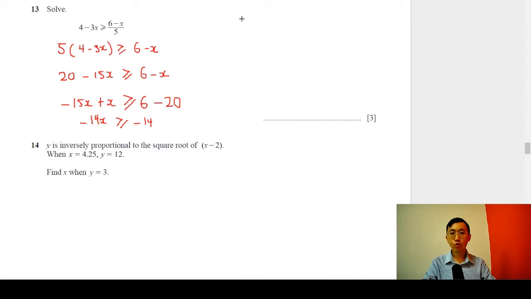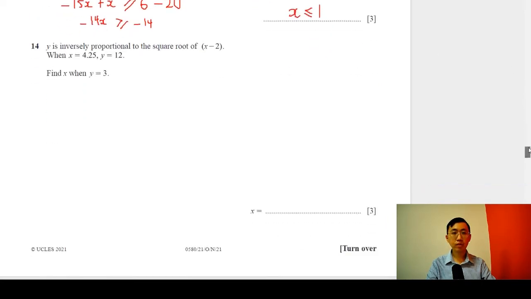So we are going to write like this, x, reverse the direction, and then negative 14 divided by negative 14. So x is less or equal to positive 1. So that is the thing that I want to highlight to you. Alright, so x is less or equal to 1. Alright, correct. That is question 13.